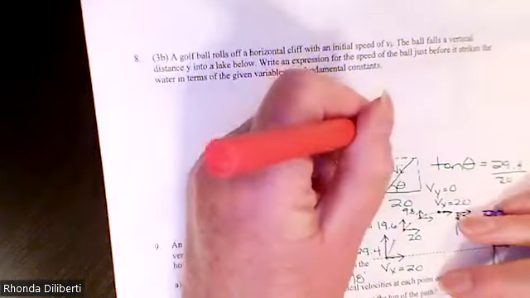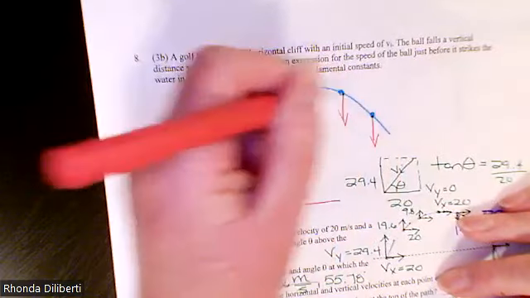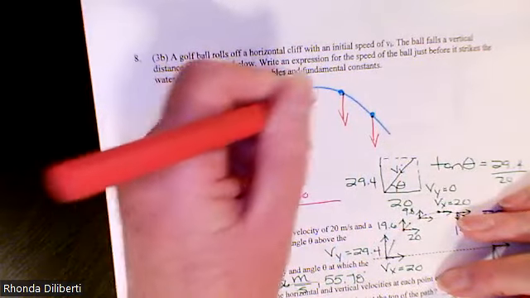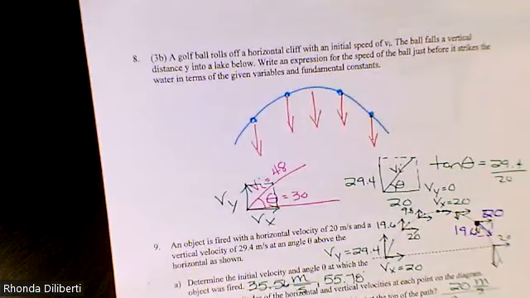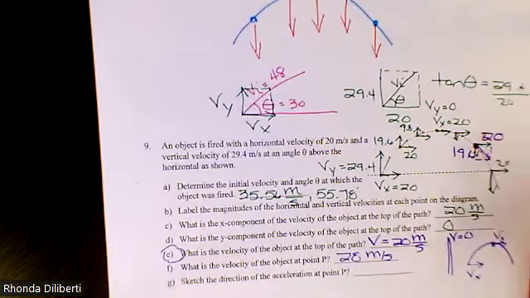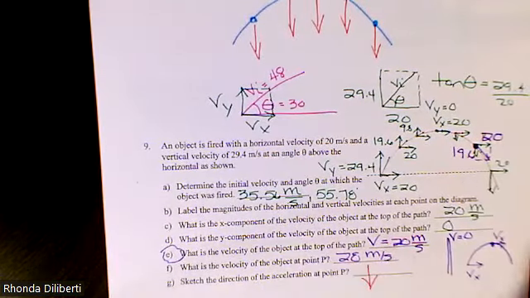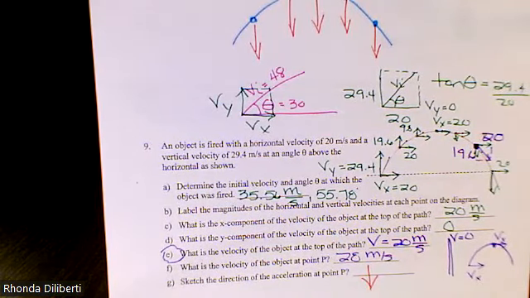So it's always going to be 9.8 down, 9.8 down, 9.8 down. It doesn't matter where the object is. So state the direction. We'll just put a down arrow there. All right, I hope that helps with that one, because I know the questions were a little bit tricky.